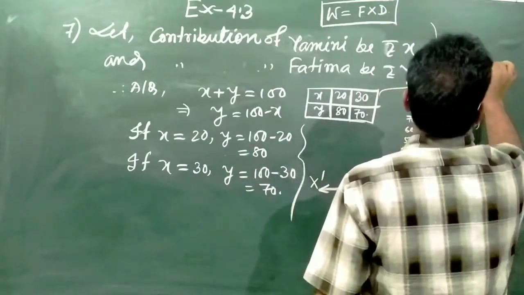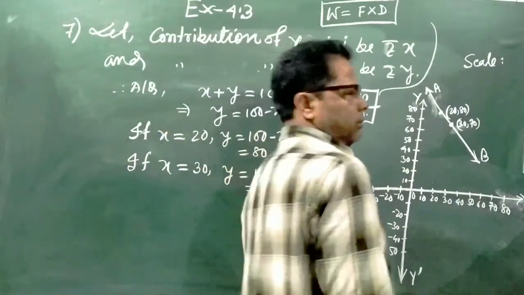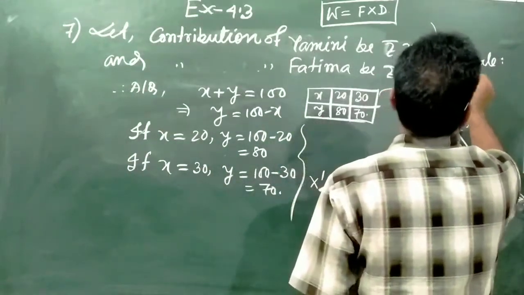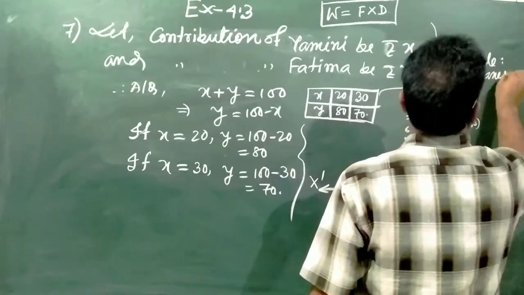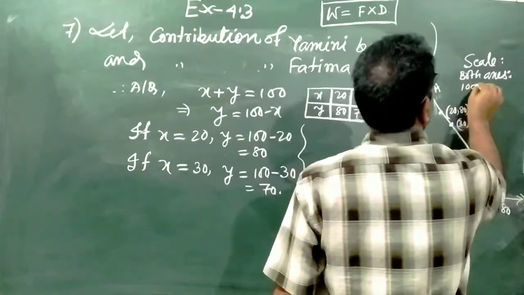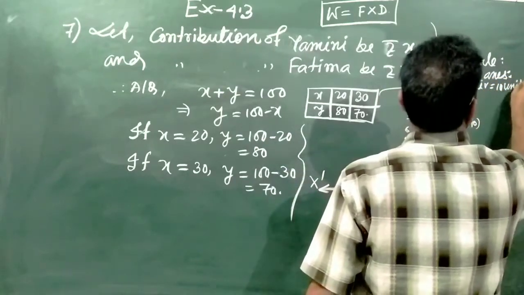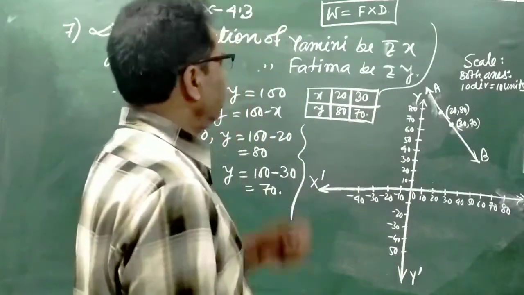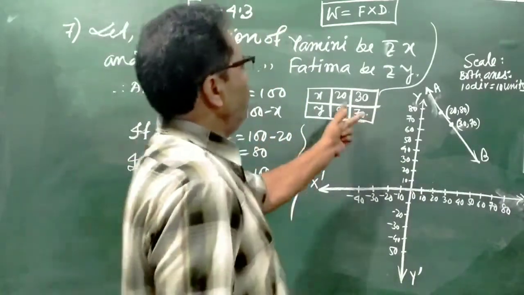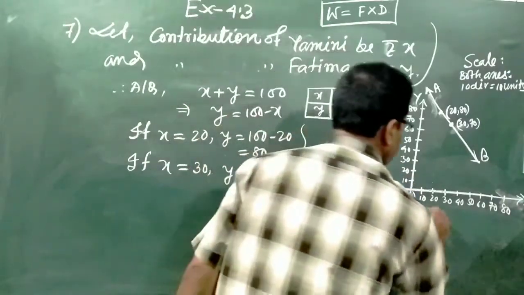And here write scale. Scale always same place. Both axes you take 10 divisions equal to 10 units. Now short explanation like before, that plotting the points on the graph paper and joining them we get the required graph.